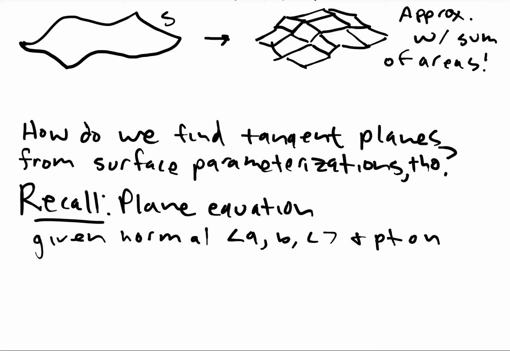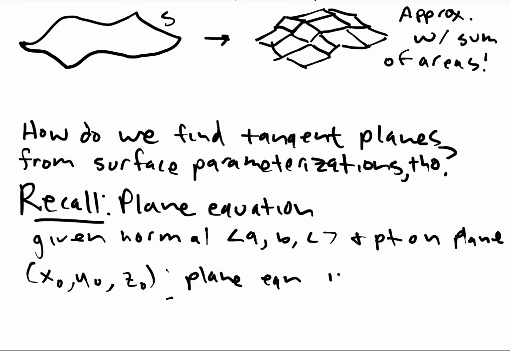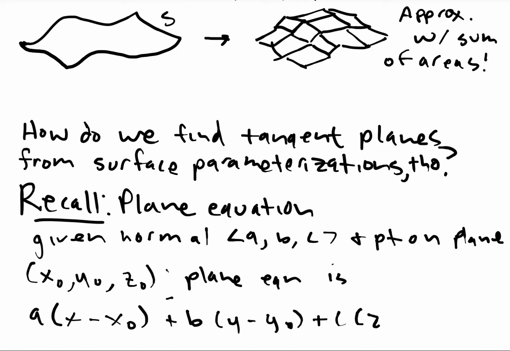So let's specify a point on my plane. We'll call this x naught, y naught, z naught. Your plane equation looks like this: a times (x minus x naught) plus b times (y minus y naught) plus c times (z minus z naught), and this has to come out to 0. This is my plane equation. We still need to be able to use this if we're finding tangent planes.